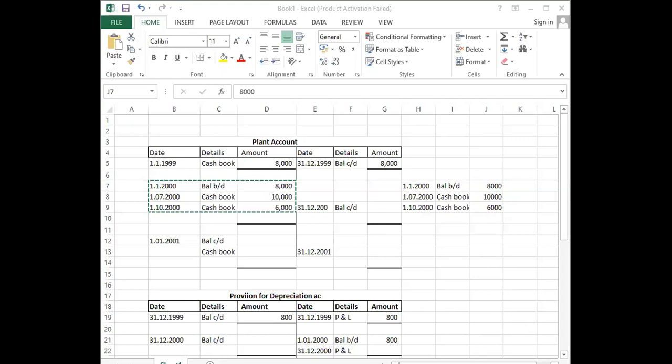If it was not, assume we are using straight line method. So what will be the depreciation of this first machine? Someone to give us depreciation of that first machine? 800, very true, right?